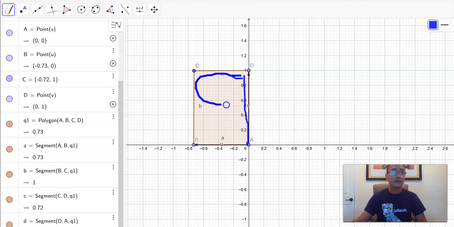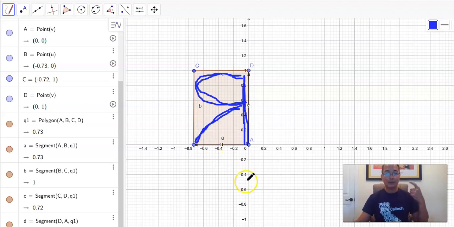Here we go. I hope the word reflection is coming to mind. It is reflected across the y-axis. Now you see what I'm saying about your brain figuring out what happened.